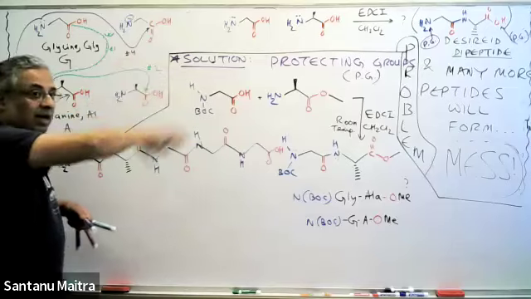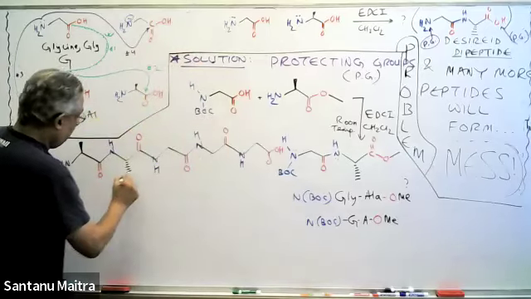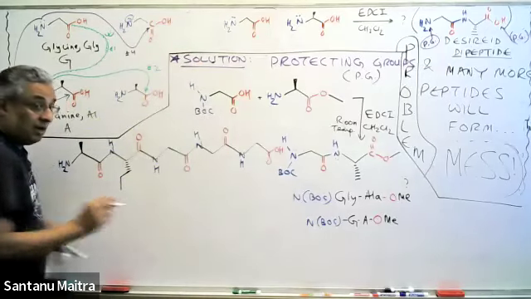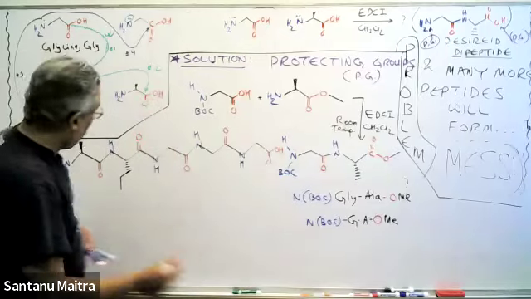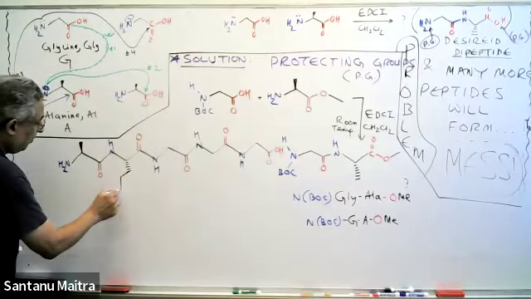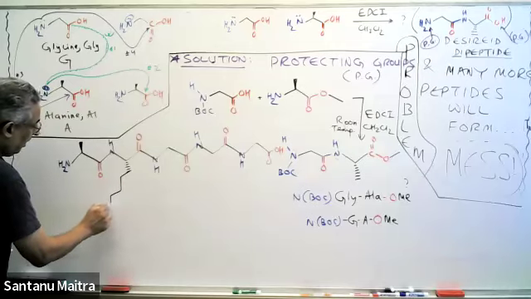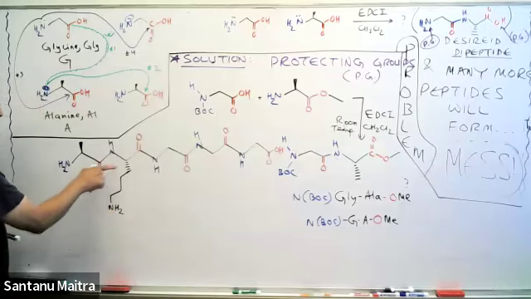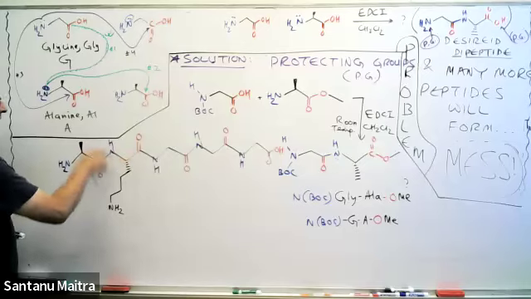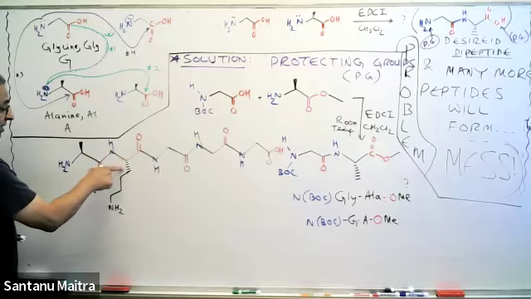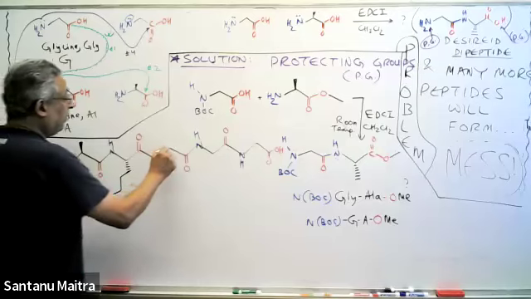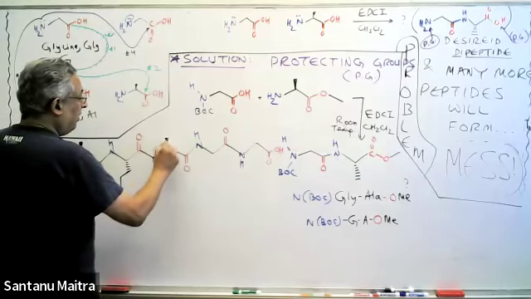Long dangling tail, bushy tail. How many CH2s? 1, 2, 3, 4, and then an amine. That's a side chain, but that starts with a dashed line. N to C, then it's a dashed line. The next one is going to be up.